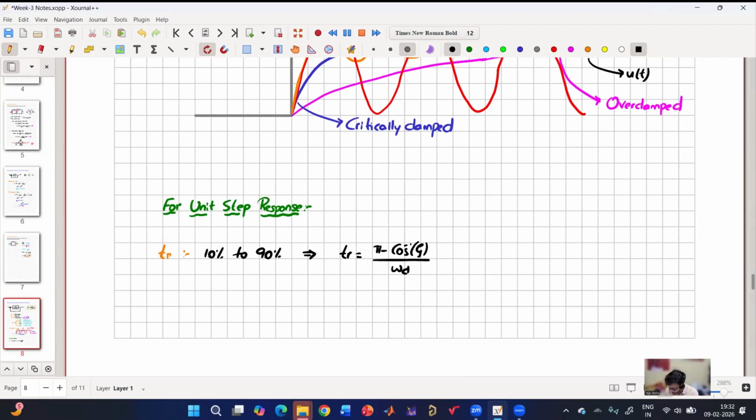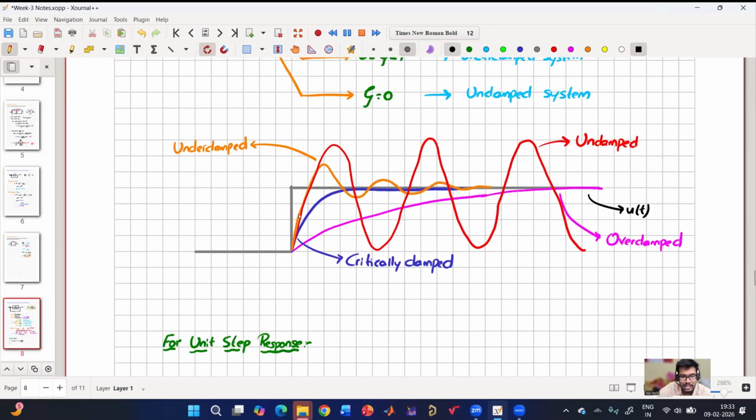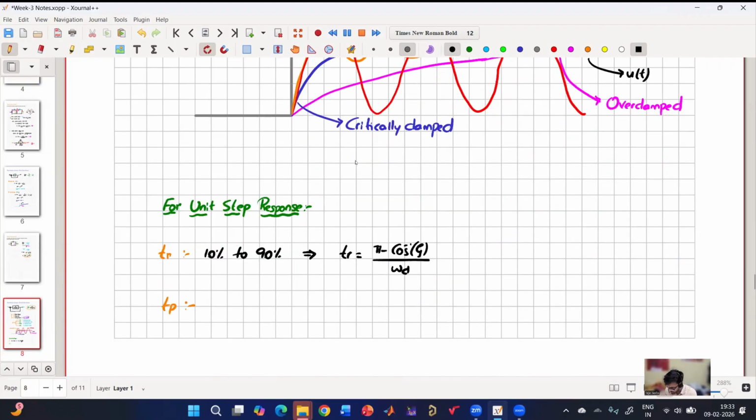Then there is peak time. Peak time means, in the underdamped case, the time it has taken to reach this peak. So this is where the peak is happening. So time to reach peak is given by Tp, which equals pi by omega d.